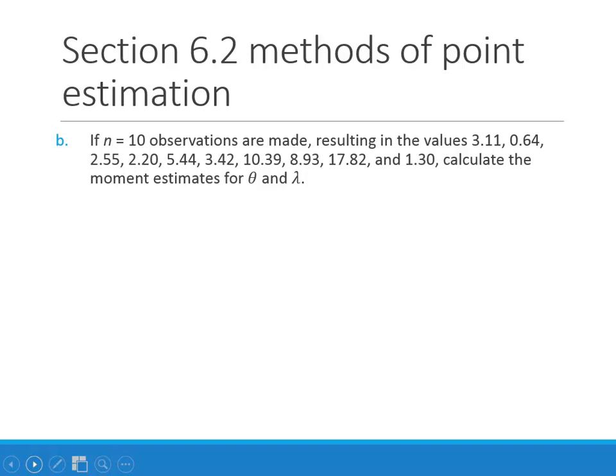Using these 10 numbers, my sample mean is 1/10 times 3.11 plus all 10 of those numbers, and that is 5.58. My second sample moment, I can calculate that.